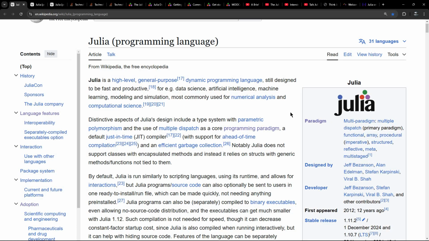And from what I've read, it's offering speed that is closer to lower level languages. So if you're dealing with a computationally intensive task, which a lot of scientific computing, data science and machine learning is, then it's a perfect match.